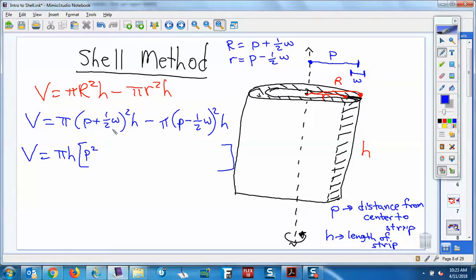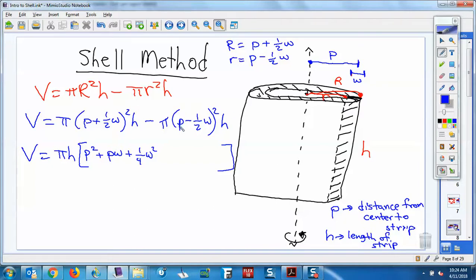How much? 1/2 PW plus 1/2 PW would be 1 PW, outers and inners, plus 1/4 W squared. Okay, now we got a minus, so we got to remember when we do this FOIL, we got to do the opposite on each one.